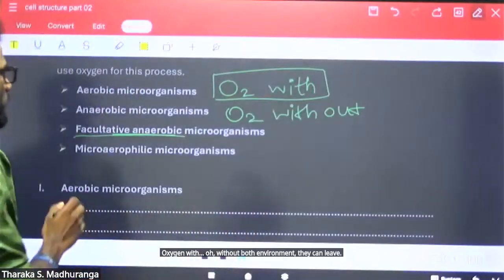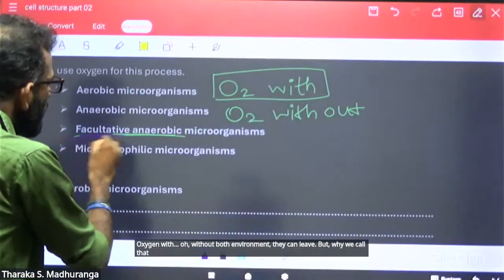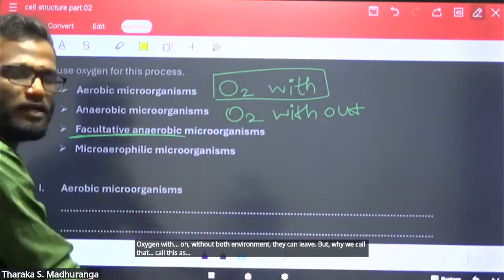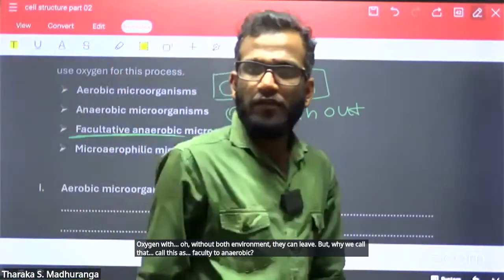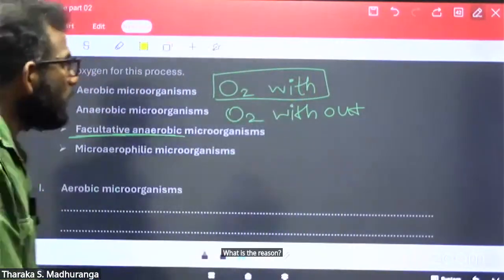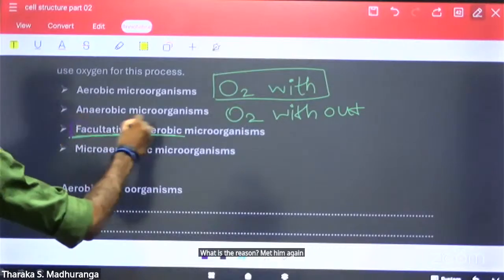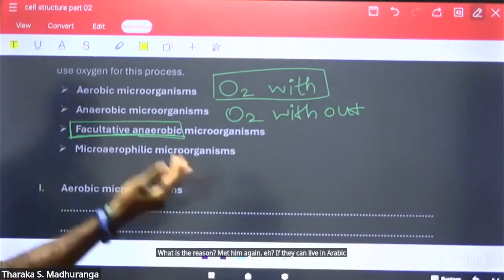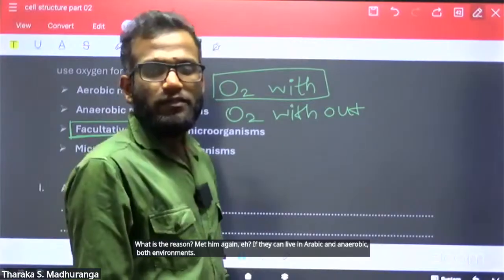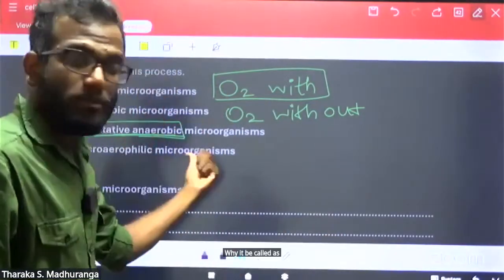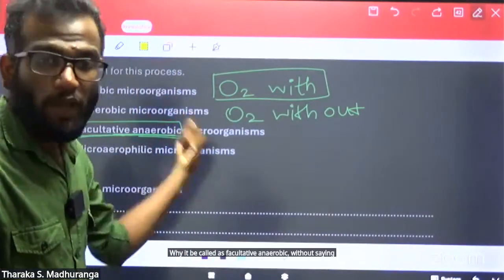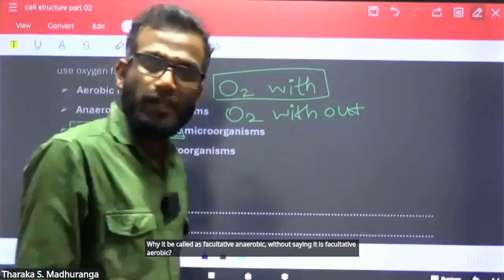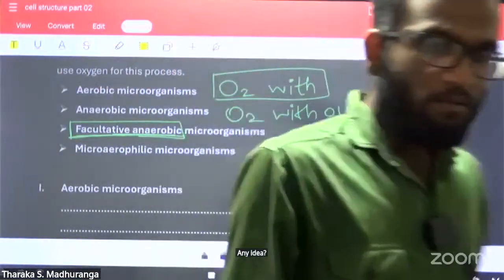But why do we call this facultative anaerobic? What is the reason? If they can live in both aerobic and anaerobic environments, why do we call them facultative anaerobic without saying facultative aerobic? Any idea? What do you think?